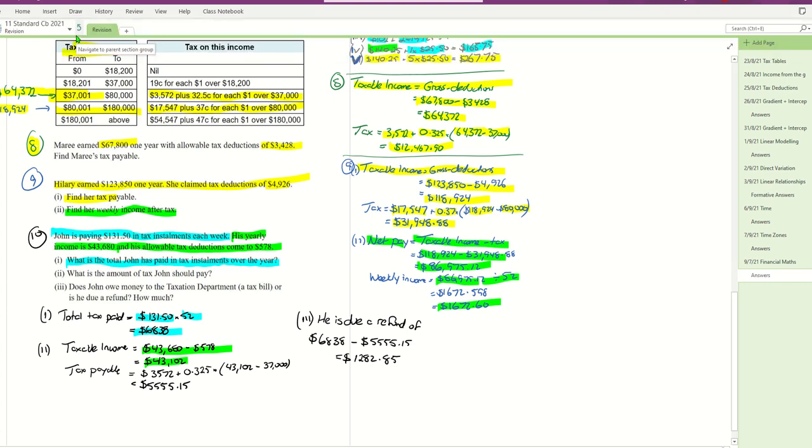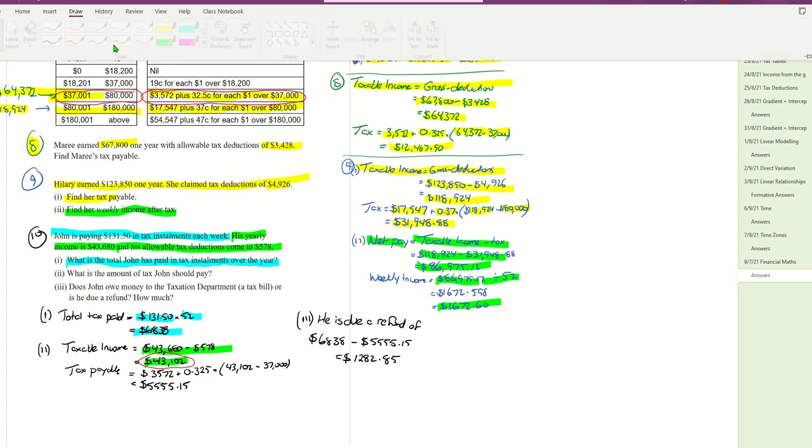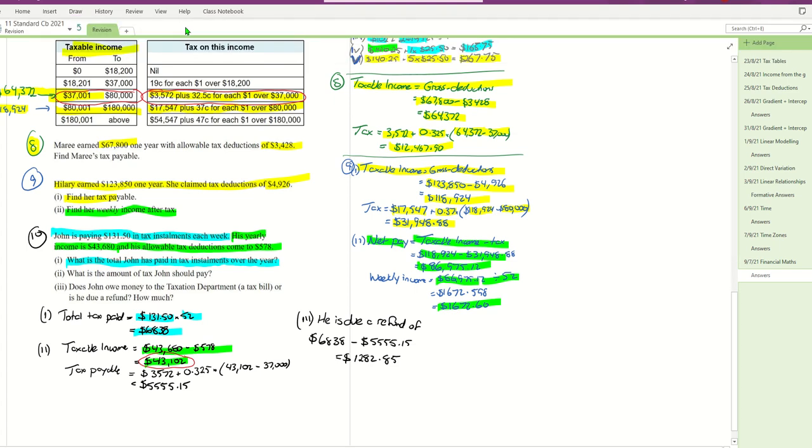If we grab that number, 43,102, we find it's in here. And so we are going to be using this equation again. So 3572 plus 0.325 times 43,102 minus 37,000 is giving us this answer that we have here.